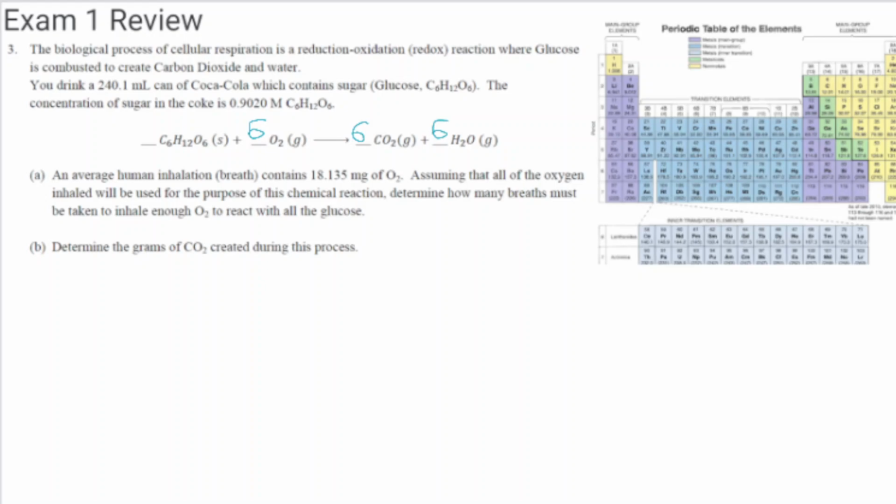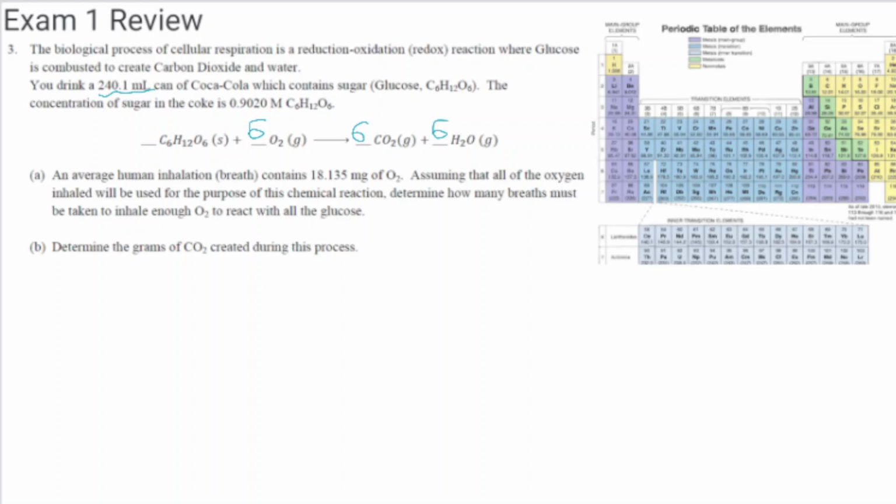All right, so looking at the question, we see that we drank 240 milliliters of a Coke. And that Coke has a concentration of 0.902 molar of glucose for that solution.